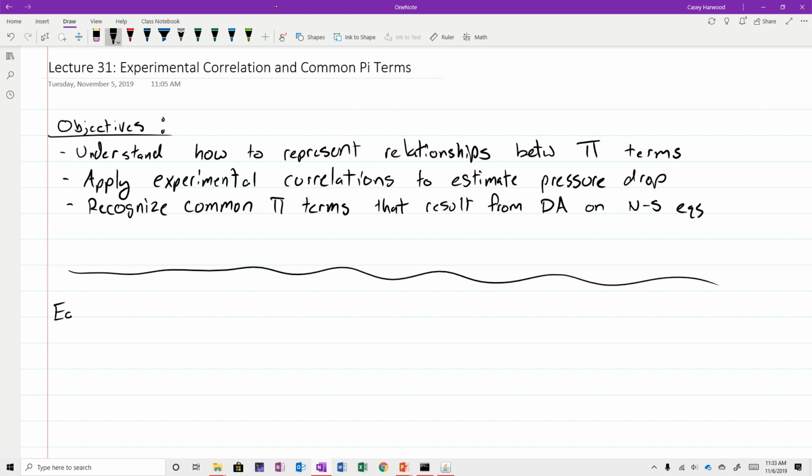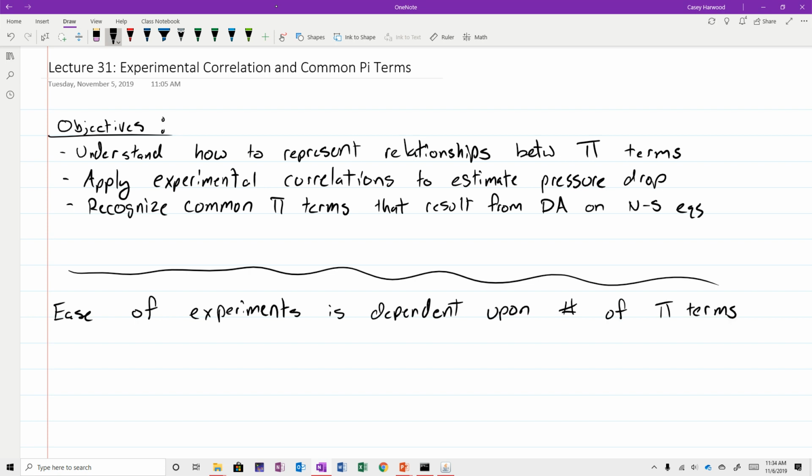So the ease of experiments, or I should say the ease of use of experimental data, depends on the number of pi terms. For example, to start off with, the easiest case is if we have a single pi term. That is, with the Buckingham pi theorem, k minus r equal to 1.